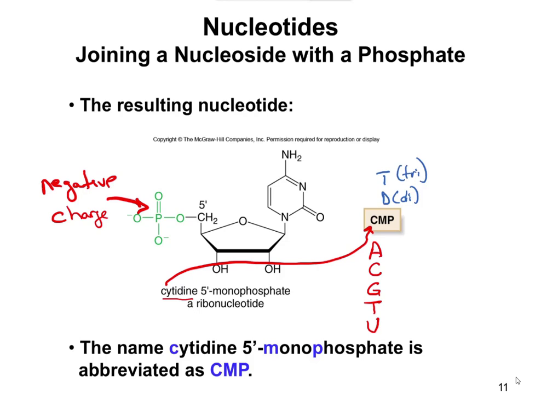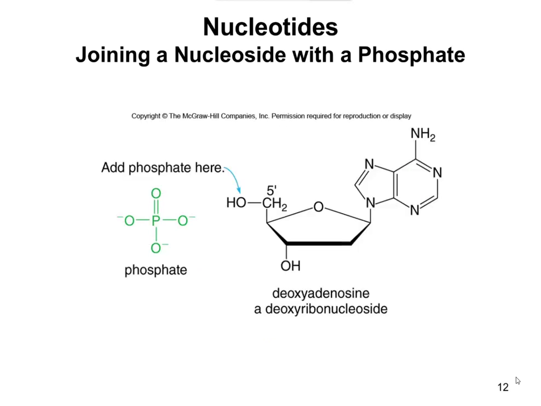Now, there's one additional piece of information, which is shown on the next slide. Here we are showing that you have the phosphate being added to the deoxyadenosine. Because a deoxyribose sugar is part of the nucleotide it's going to form, we're going to give it a different prefix.